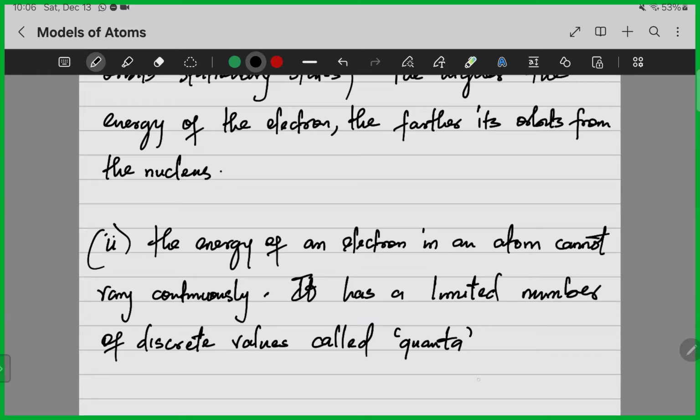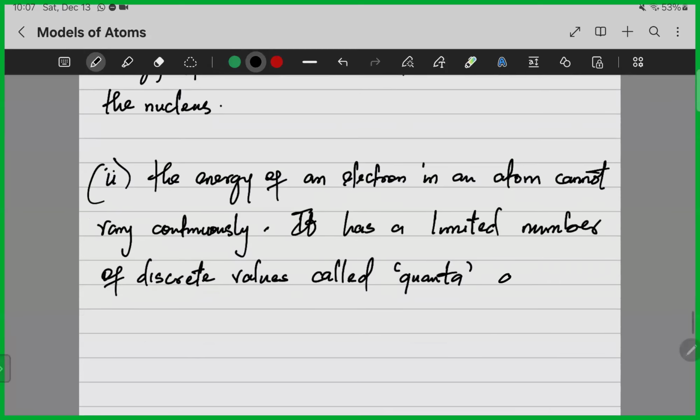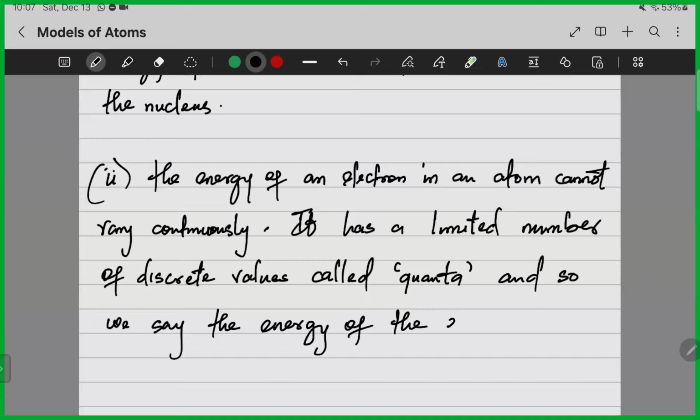So we say the energy of the electron is quantized, like it has a specific quantity.